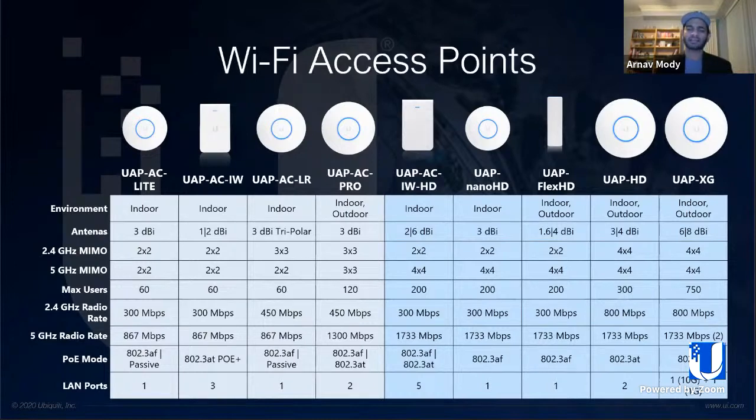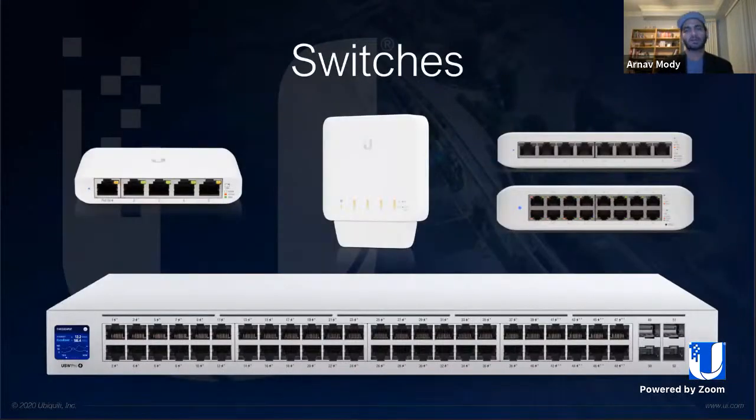So we spoke about access points in depth, which is a very important part of the network. But another thing that you absolutely do need in your network is switches. So let's talk a bit about the different switches that we have. A lot of these switches people may have used, but we also have a completely new range of Gen 2 switches that we have launched. And these Gen 2 switches are very exciting.